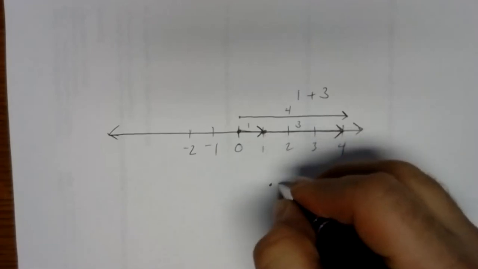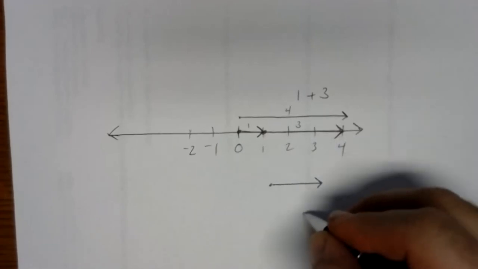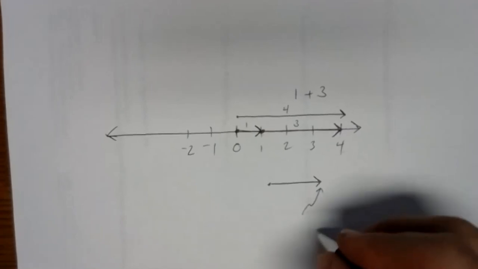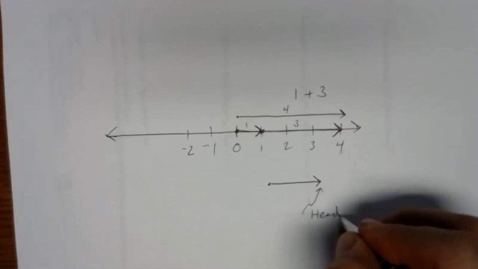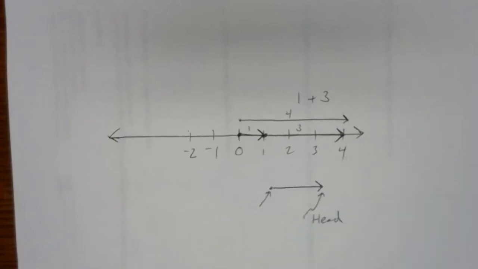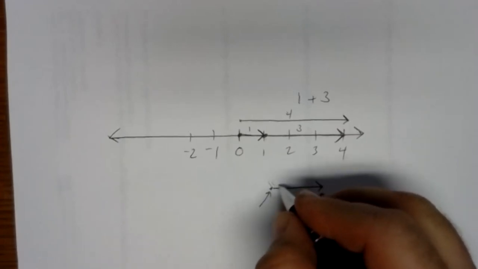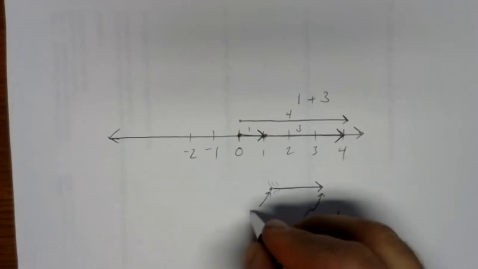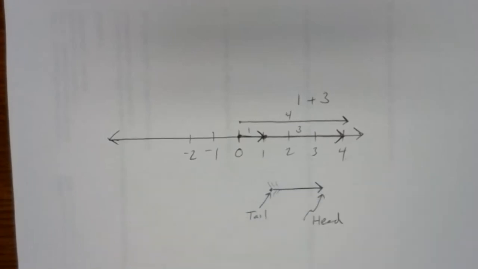So when we're dealing with arrows, I'm going to draw another arrow down here. That pointy part of the arrow, we call that the head of the arrow. And the not so pointy part, where the feathers would be, that's the tail. When we add vectors together, we arrange the two vectors so that the head of one vector is at the tail of the next one.